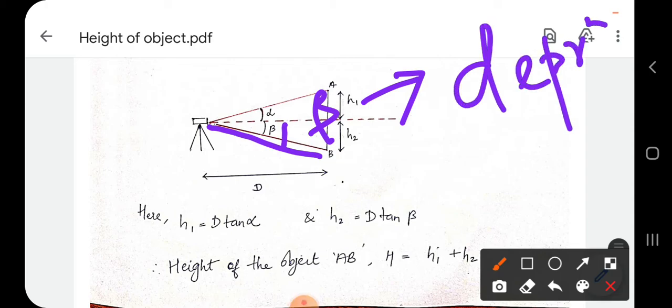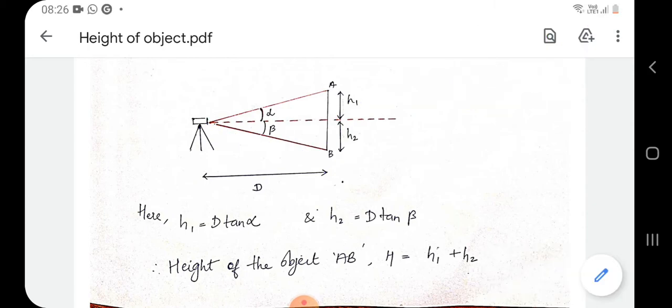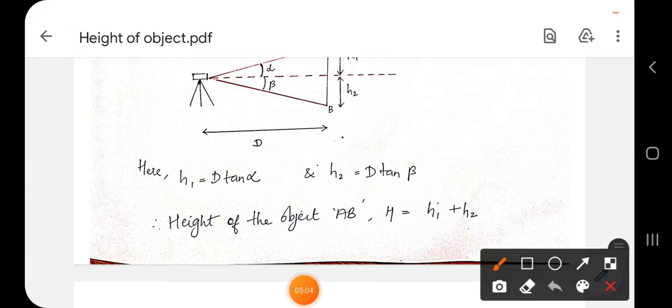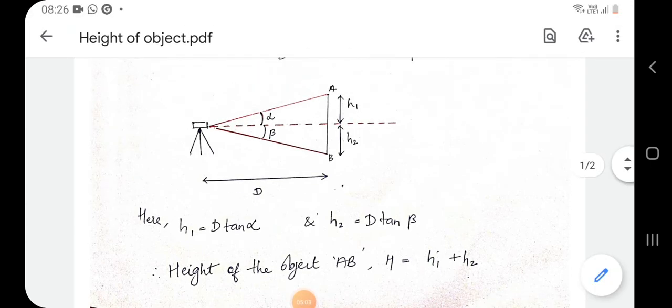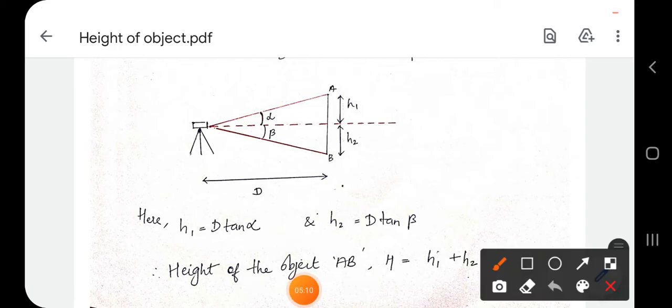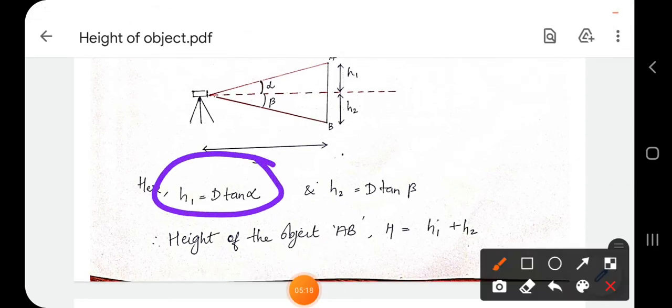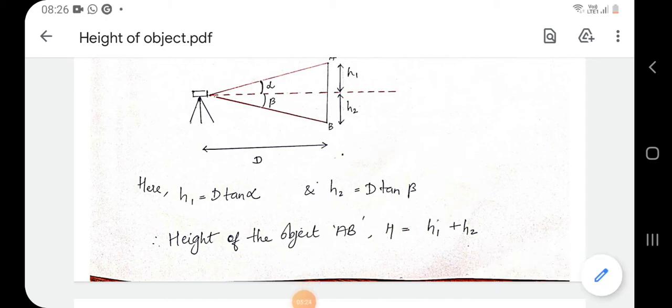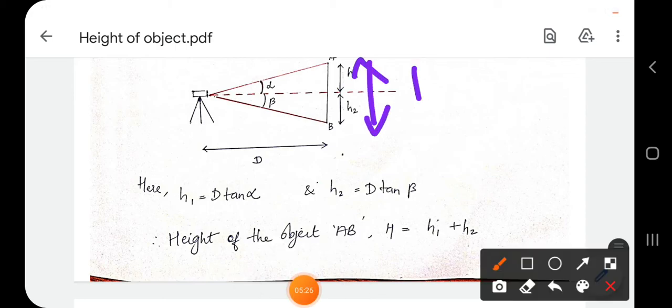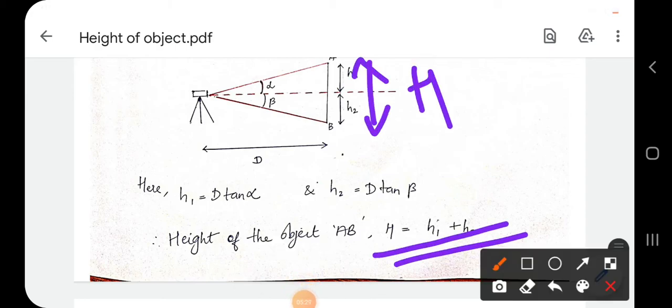Angle of depression means the angle measured below the line of sight, and the angle measured above the line of sight is known as angle of elevation. Similarly, using trigonometric conditions, we can find h1 is equal to d into tan alpha and h2 is equal to d into tan beta. So the height of the object AB, h, will be equal to h1 plus h2.